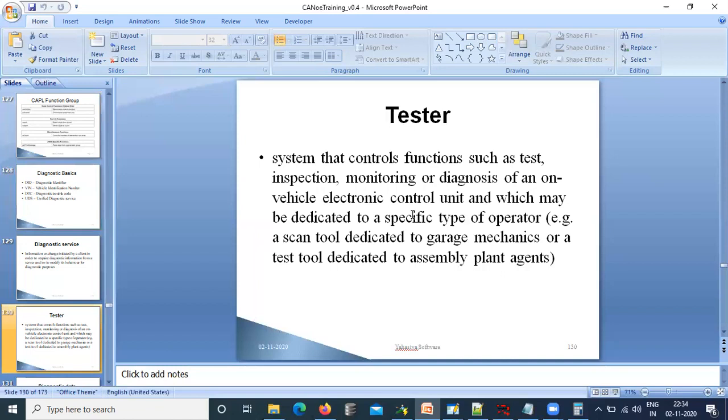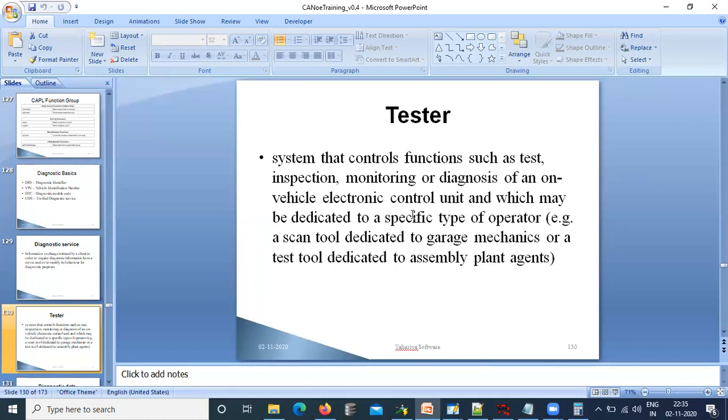They specify the time, the S3 server time. For example, if the S3 server time is 5 seconds, it means every 5 seconds you have to send a tester present to keep your ECU in the extended or programming session.